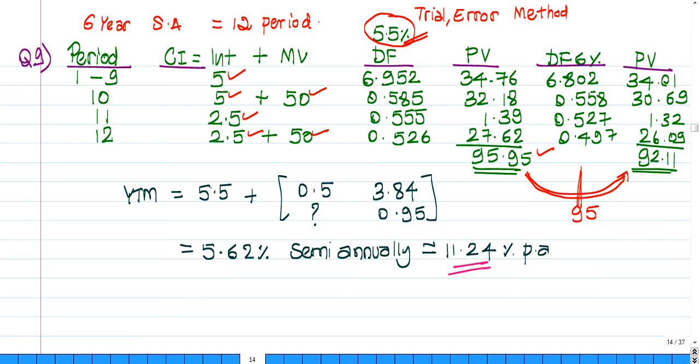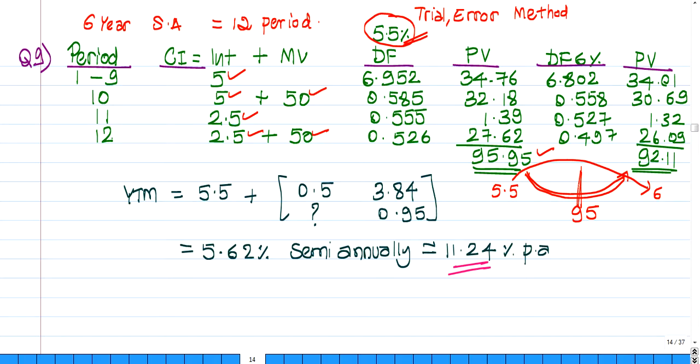So how to calculate? 5.5 is the starting point. So we have to reach from 95 to 92. If you are going from 5.5 to 6, you are starting from 95.95 and going to 92.